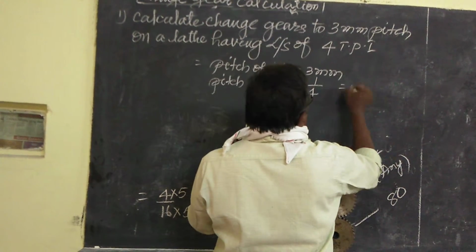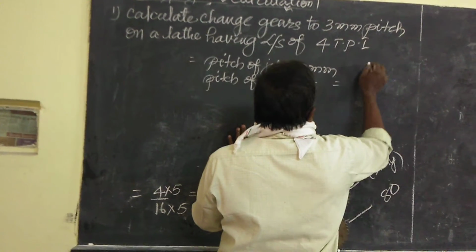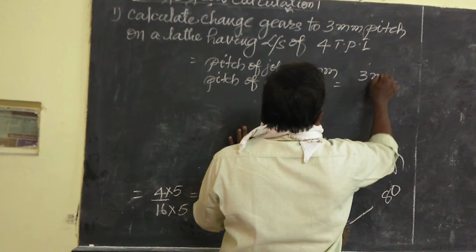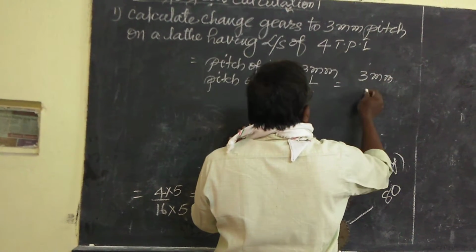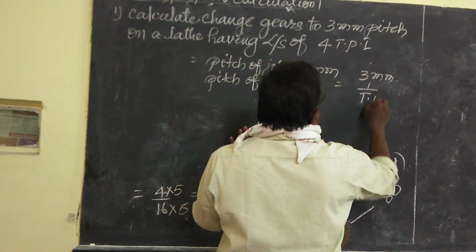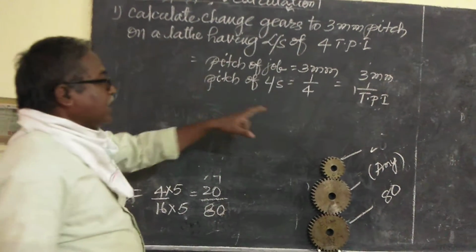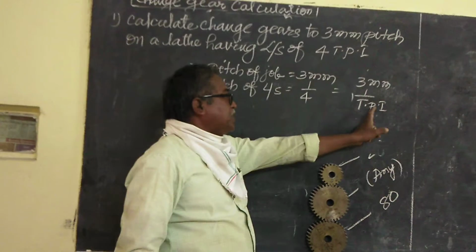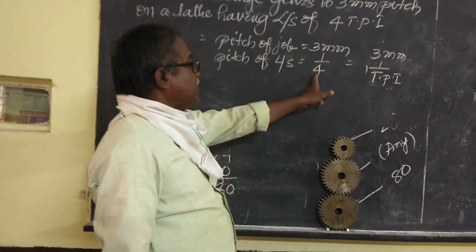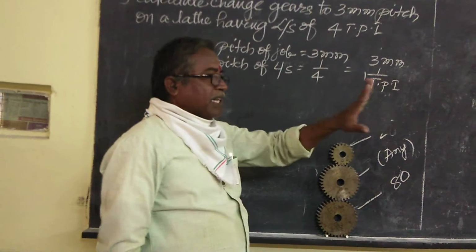That is, 1/4 is equal to 1/TPI. That I already explained: TPI, threads per inch. In 1 inch there are 4 threads, so one thread distance is 1/4.